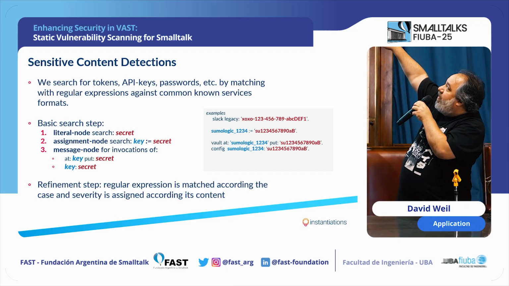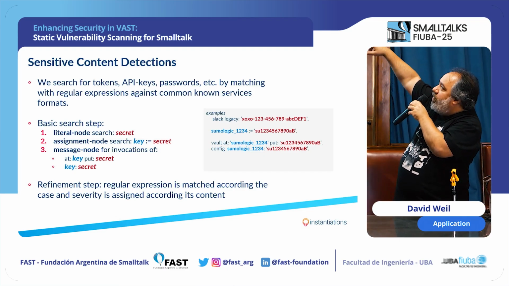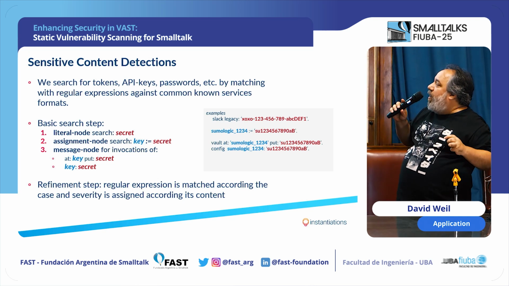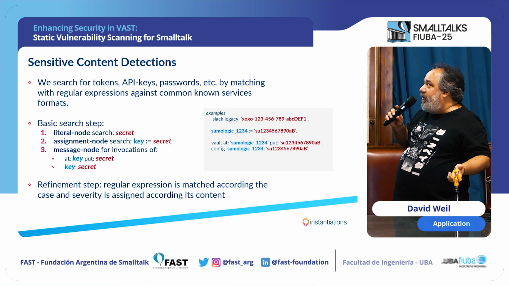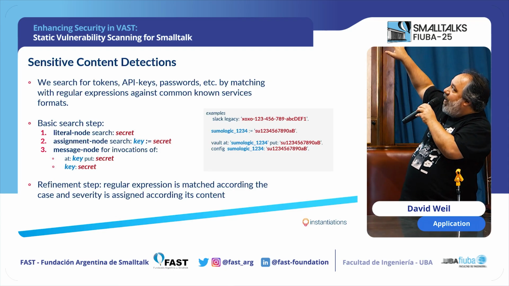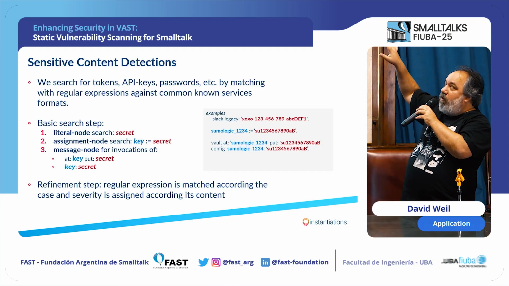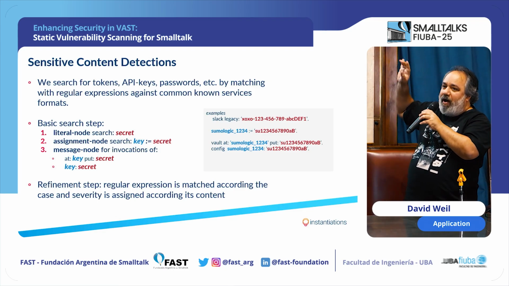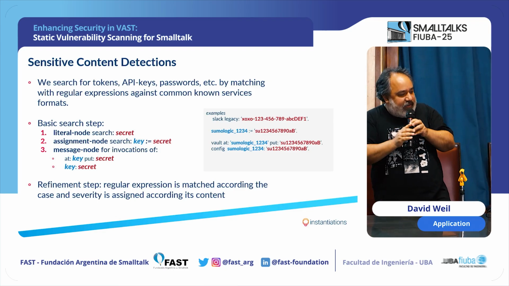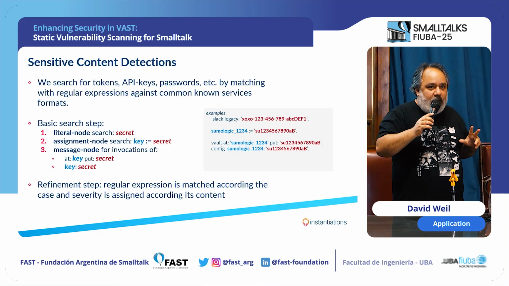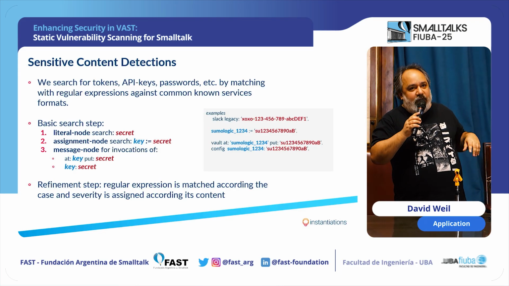These are examples where we use those different types of node searches. With the refinement step, we apply regular expression matching to understand if the values correspond to some known format for tokens and passwords, etc. This is one case for the refinement step.